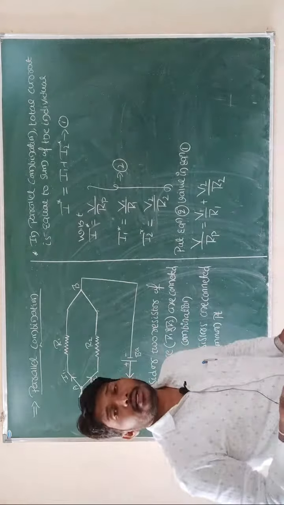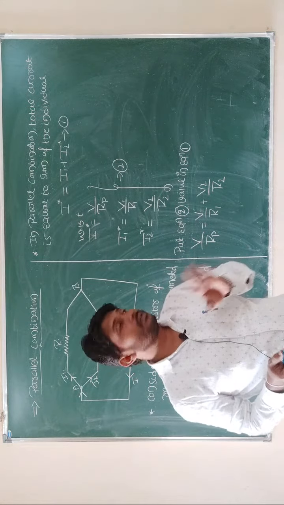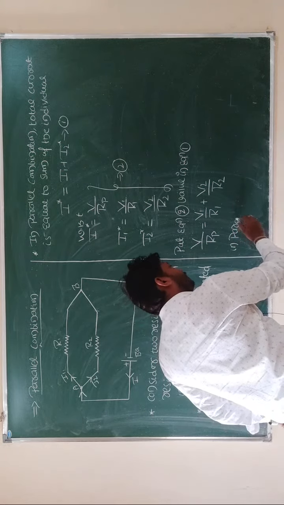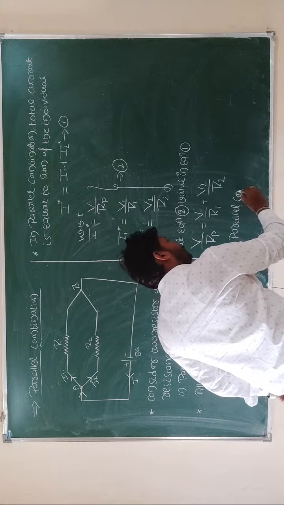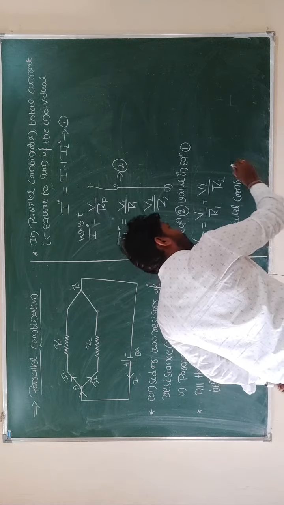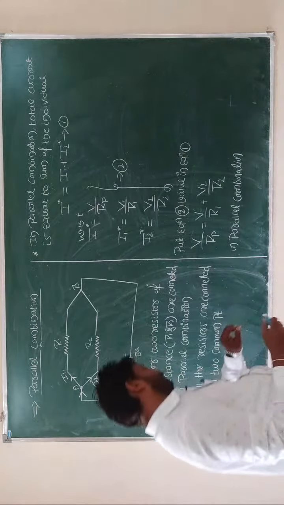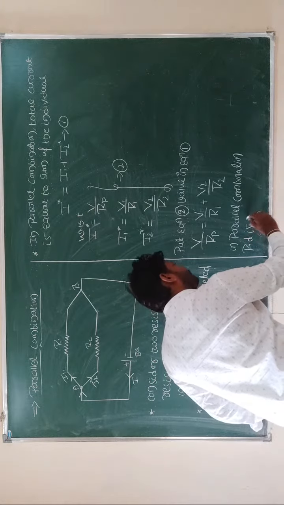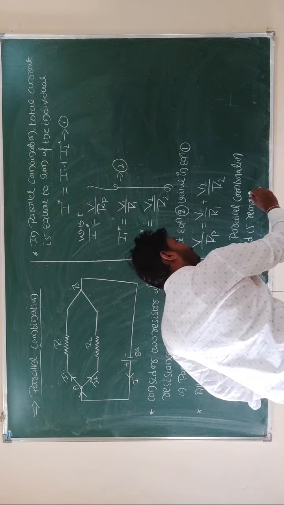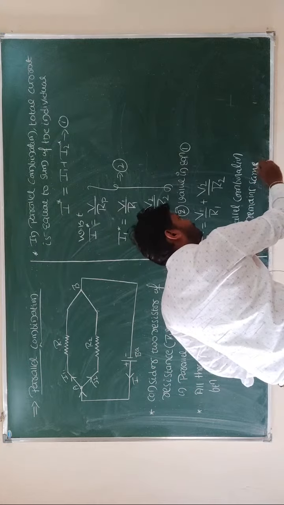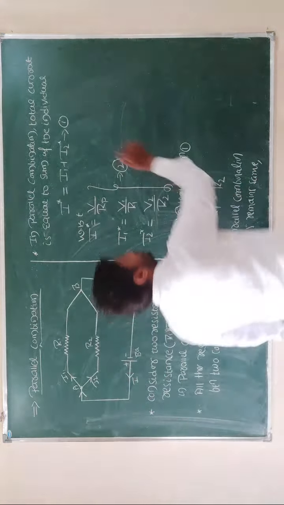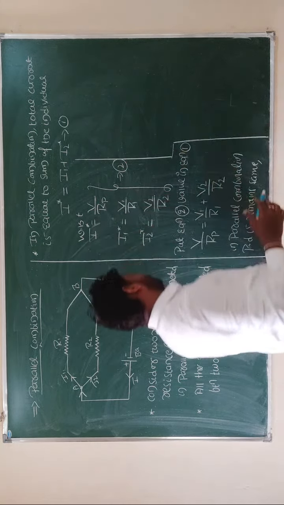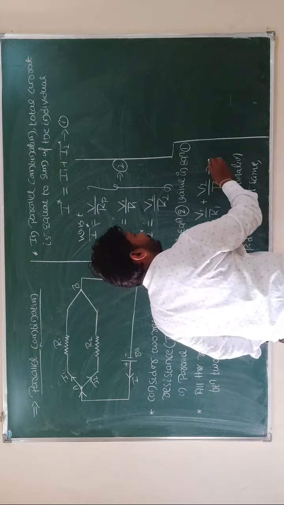As I said, in case of parallel combination, the potential difference value remains the same. Let me name this as equation 3.